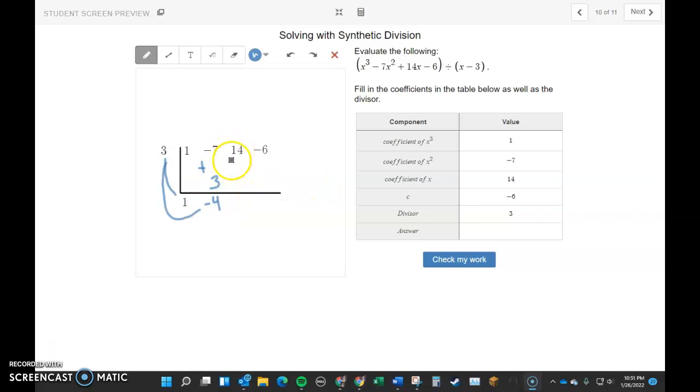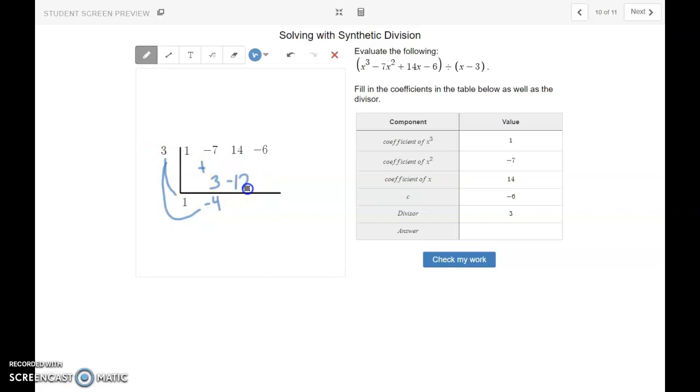Okay, next is 14. I'm sorry, first 3 times negative 4, which is negative 12. If I add these, it's 14 minus 12. 14 take away 12. I still have 2. Now it's 3 times 2, which is 6. Negative 6 plus 6 is 0.